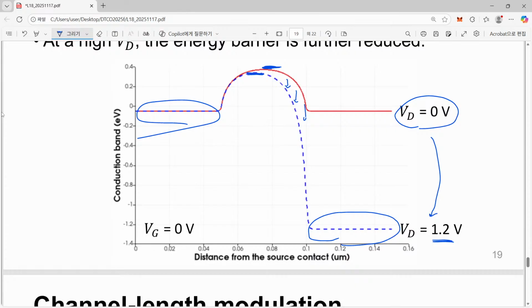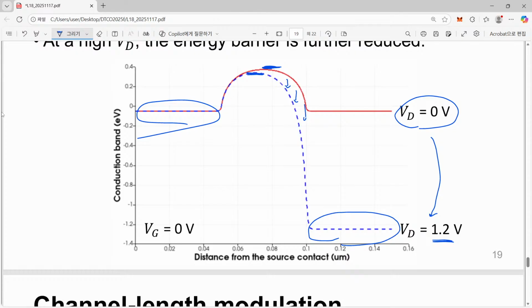So once again it becomes easier than the previous case, the drain voltage equal to 0 case. That's the reason why we have additional reduction of threshold voltage here.